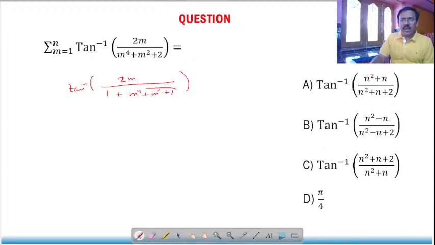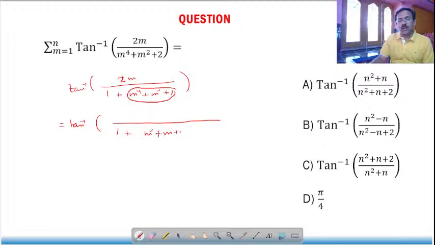Friends, this is a very familiar expression. Whenever you see this, you can write it as 1 plus m square plus m plus 1 into m square minus m plus 1. That's it.